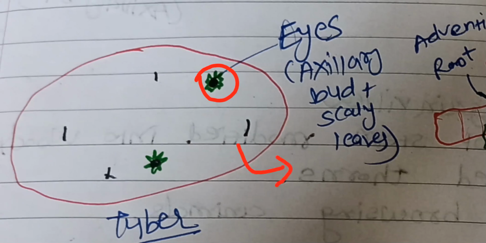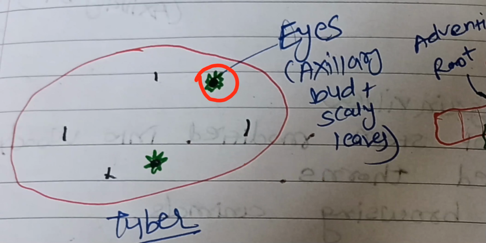It can store the food, and it can help in vegetative propagation also. The second function is vegetative propagation. It can develop a new plant because the buds have meristematic tissues.